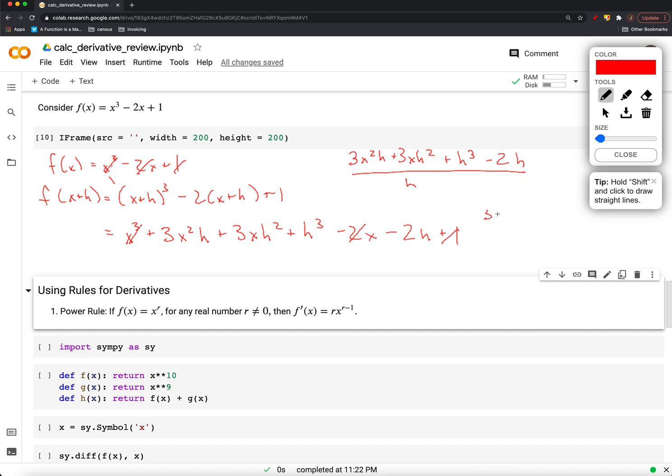We're left with the expression 3x squared plus 3xh plus h squared minus 2. And again, we make that argument now as h goes to 0. So this goes. We're just left with 3x squared minus 2. All right, but again, I think that this is always the tricky spot for initial encounters with the derivative or even continued ones.